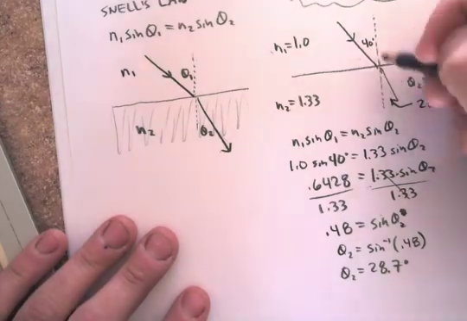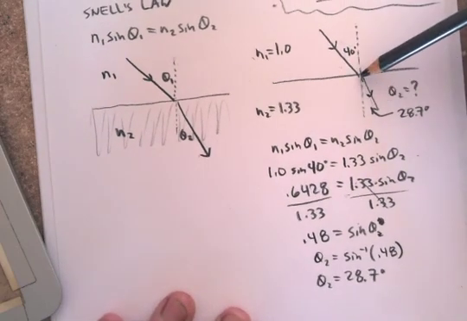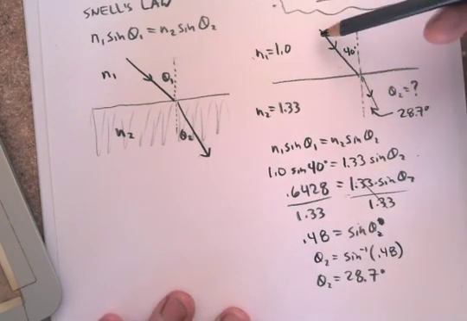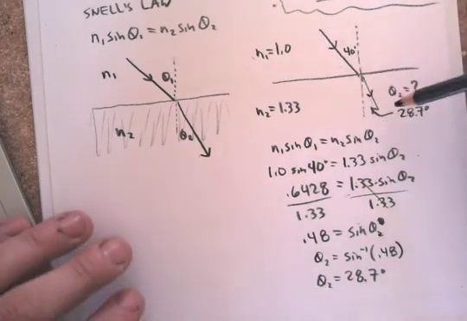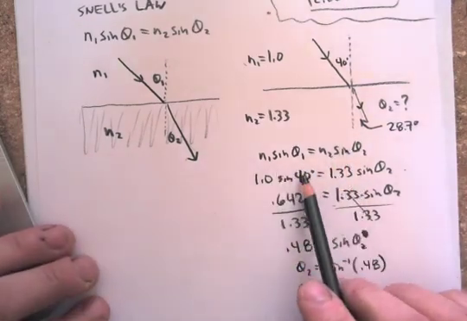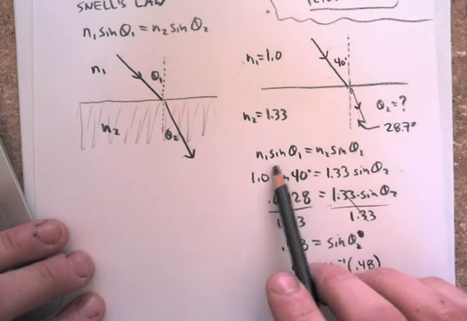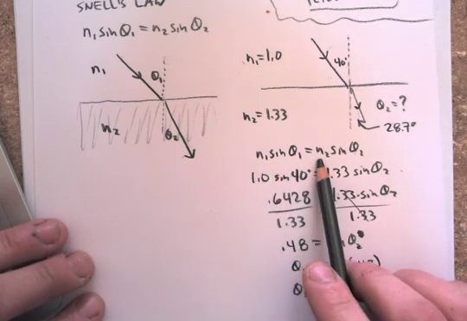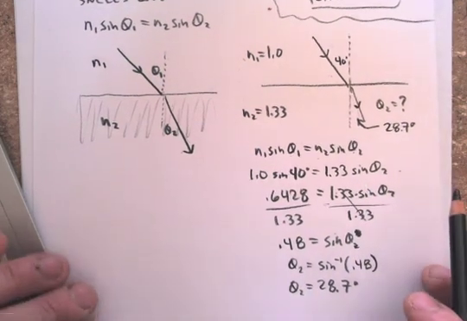If you're going from water to air, it would actually bend away from the normal line, but when you're going in here, it's going to bend in. Basically, just use that equation. If it asks you to solve for a different variable, you should be able to handle that. It might give you theta 1, theta 2, and n1, and you have to solve for n2, but I feel like you guys can handle that. Basically, just use that equation for all these problems.